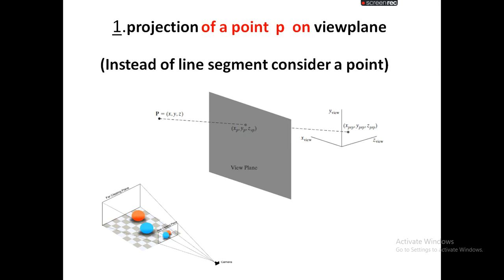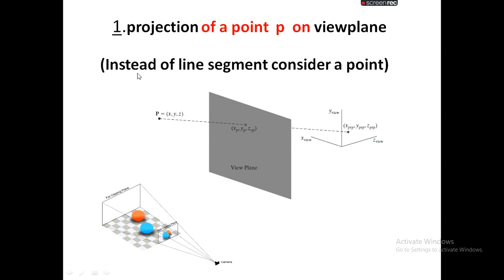We are determining only the projection of one point P on the view plane. If you understand this concept, we can apply it to determine the projection of the other point of the line segment on the view plane. But we are deriving only for one point.